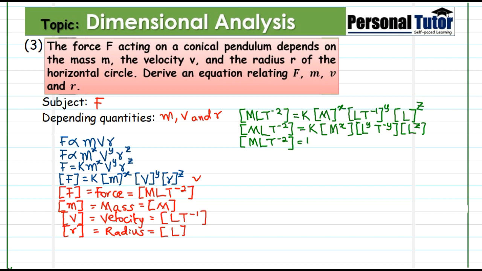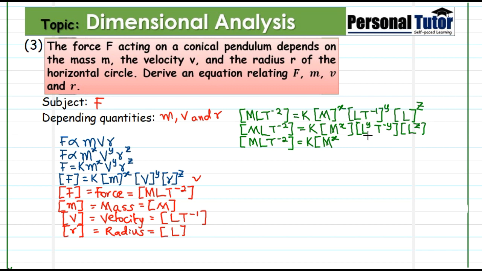Okay, equals k. Now if you look at the M, it has got no other M than what is there, and so it goes still as M to the power x. Now the L, there are two L. One carries y, the other carries z, and they are multiplying. Remember the rules of indices.